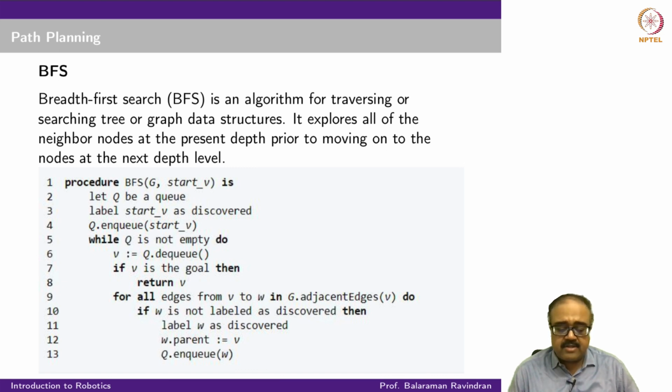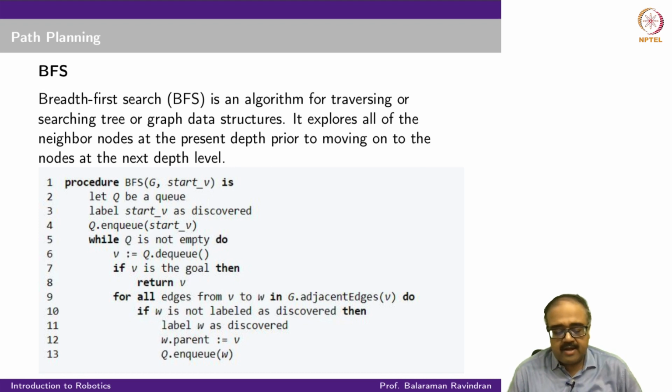Then you call this vertex W, right. If W is not already labeled as discovered, then label W as discovered. Say, hey, now I have seen W. If it's already been seen, ignore it.